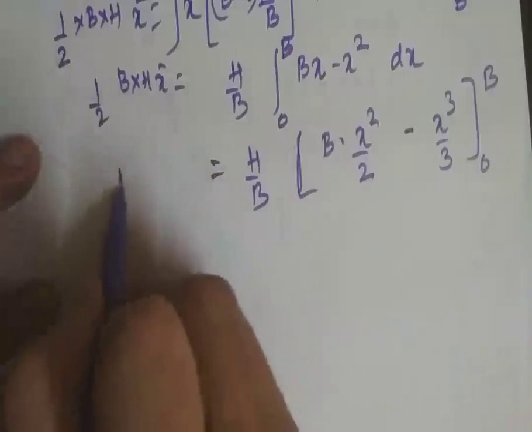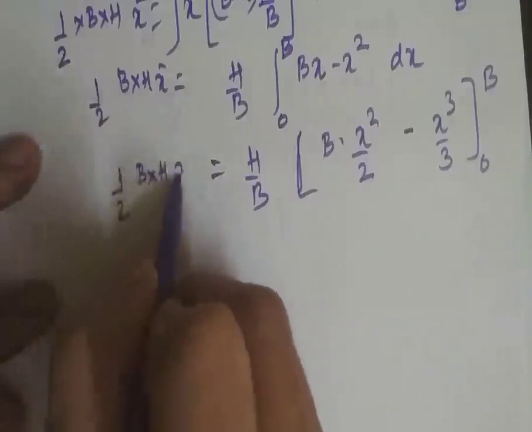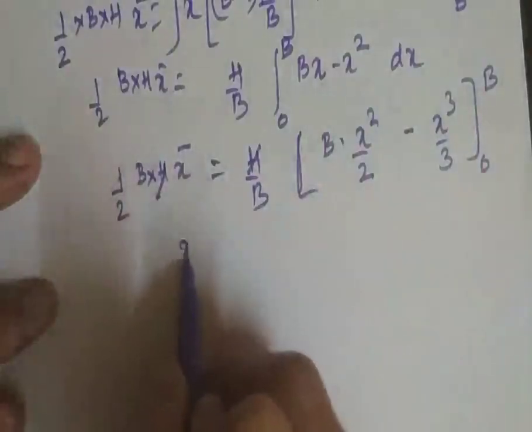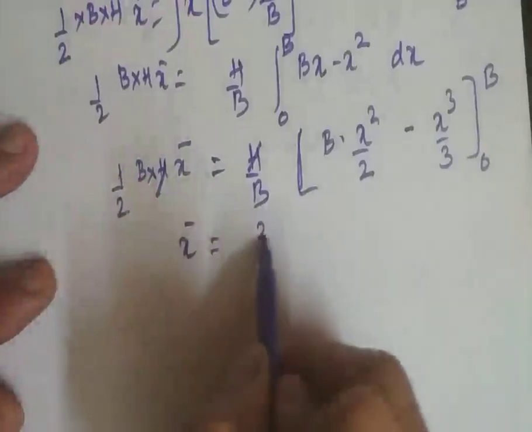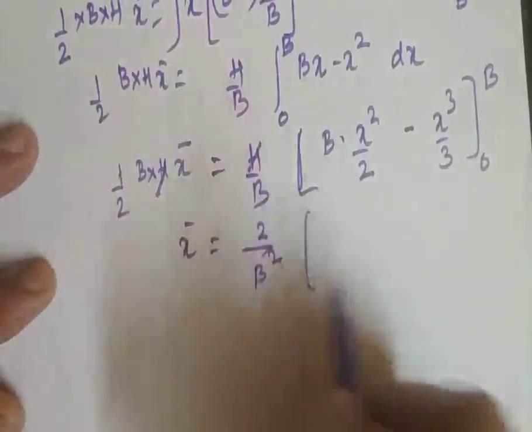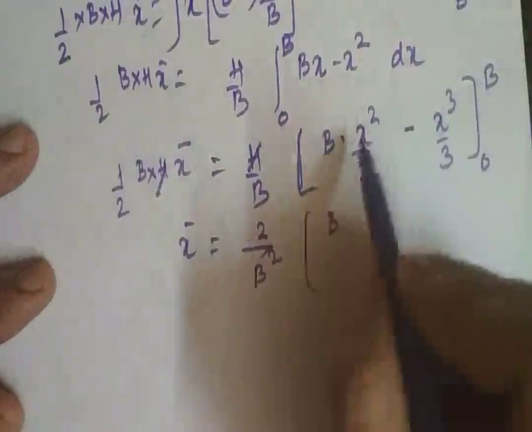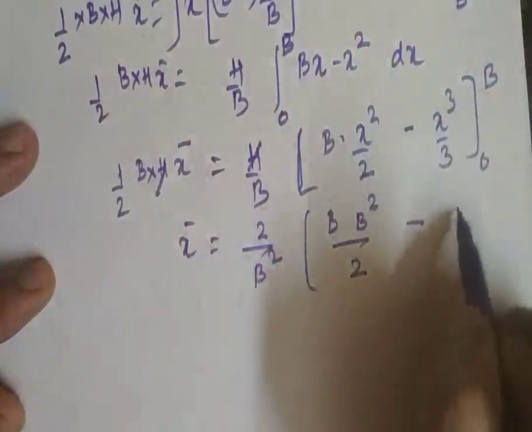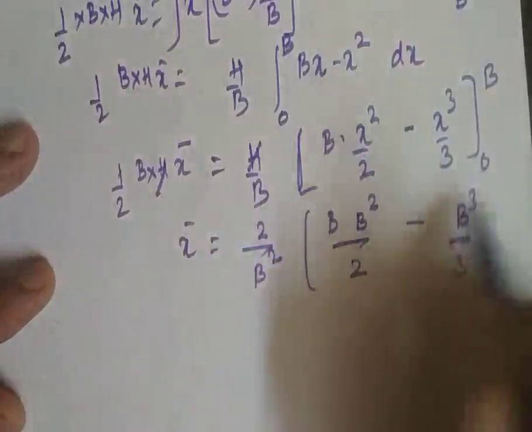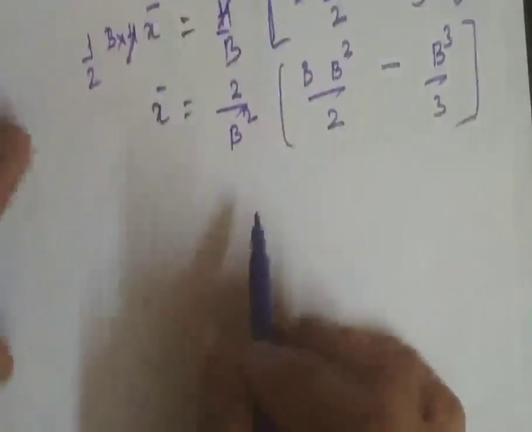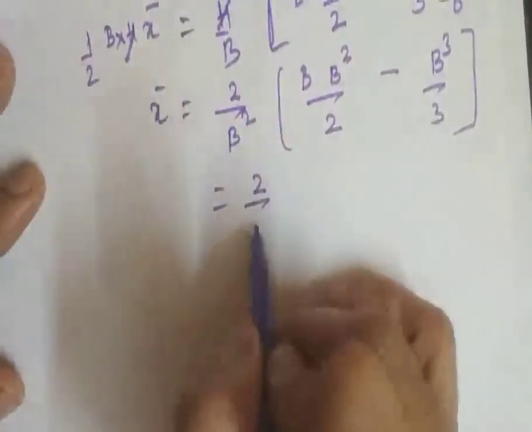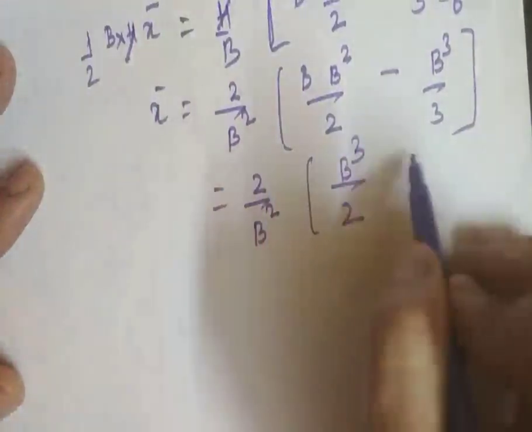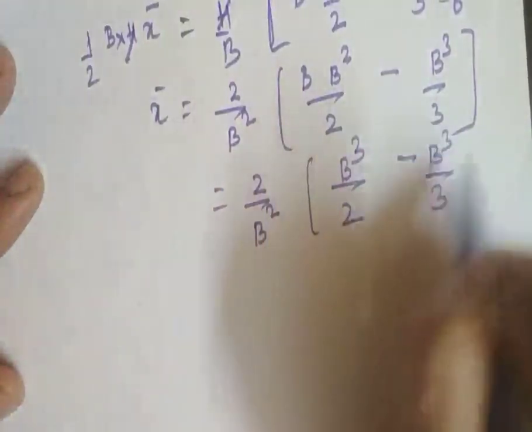When we substitute, half base into height into x bar, h gets cancelled, and x bar will be equal to 2 divided by b square, times b square divided by 2 minus b cube divided by 3. The second term, when you substitute, will be 0. So simplifying, 2 divided by b square, b cube divided by 2 minus b cube divided by 3.